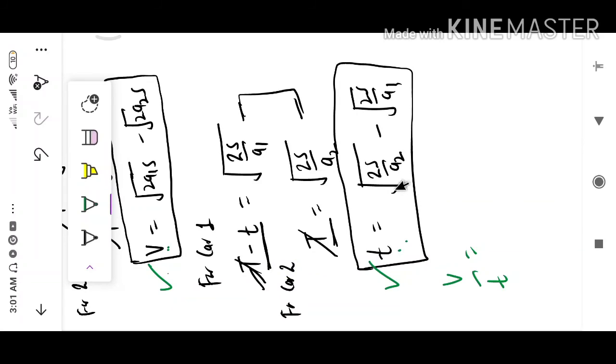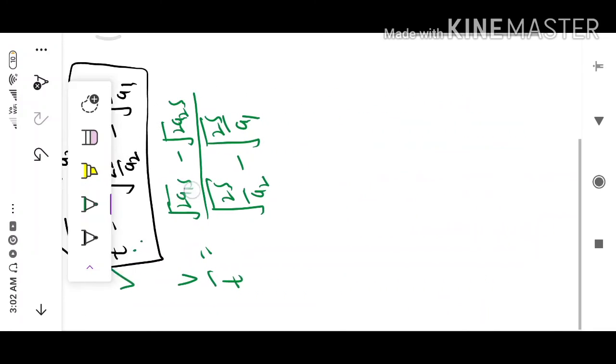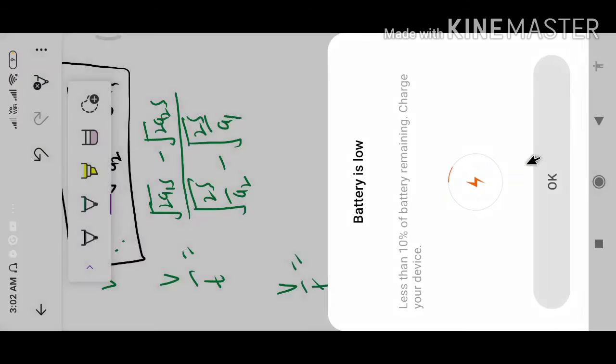Root 2a1s minus root 2a2s, divided by t, which is root 2s upon a2 minus root 2s upon a1. Take the LCM.